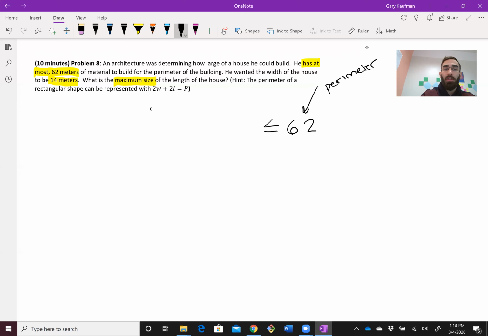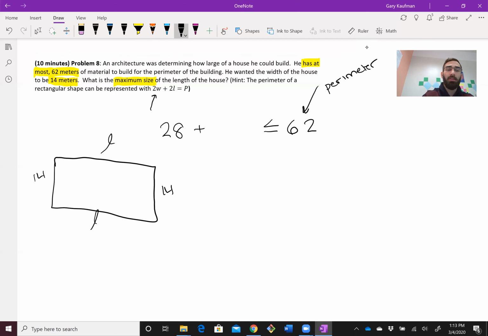But what we also know is in a rectangle, let's draw a picture. So there's my width, 14, but there's 2 of them. That's why there's this 2 right there. So we can say 28 plus, well, I don't know what my length is. So we'll use that as our variable and write 2L.